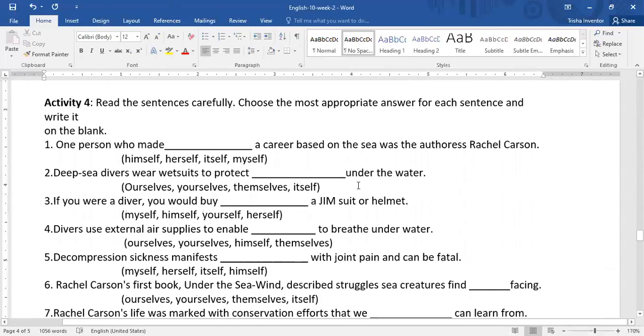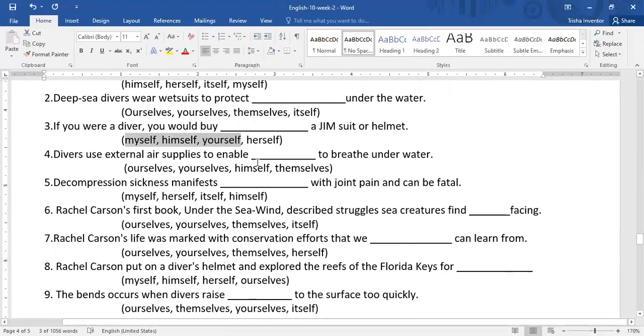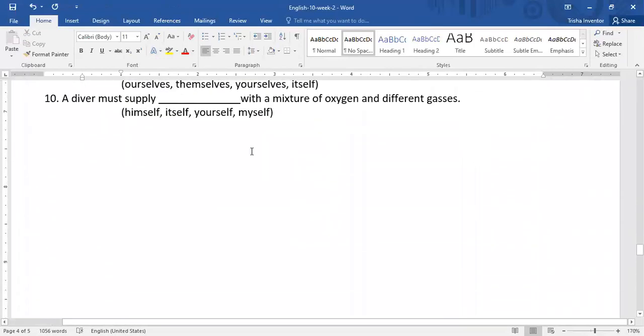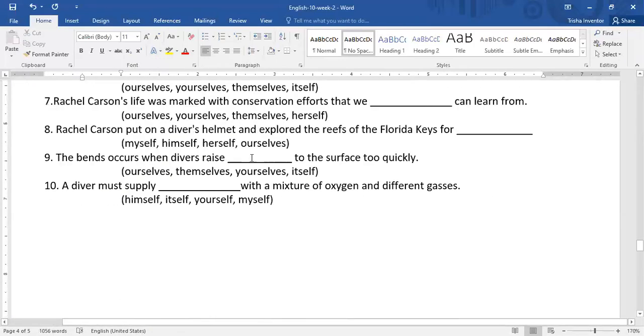And then in activity 4, still, in here you choose what pronoun suits well the sentence. Okay, so choose from here, choose from here, here, and so on and so forth. So that's 10 items. Sababaw sad 10 items.